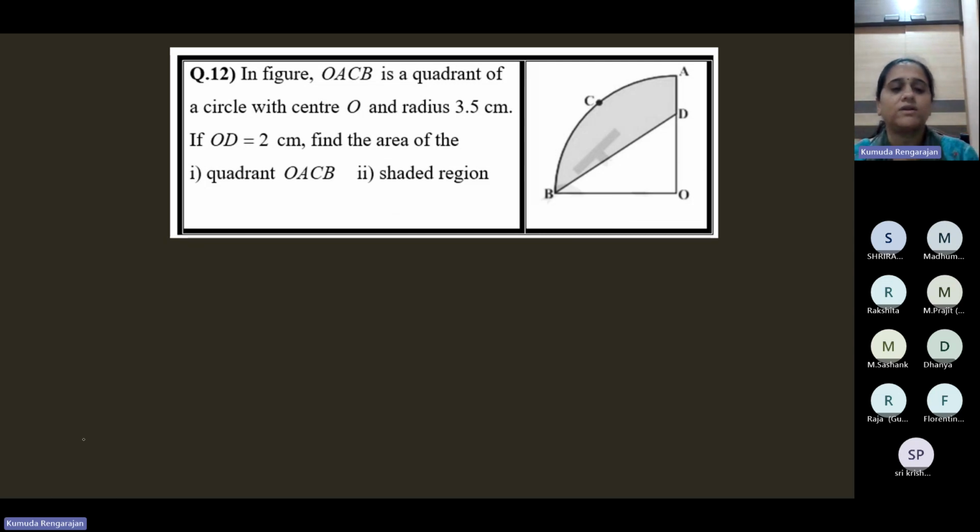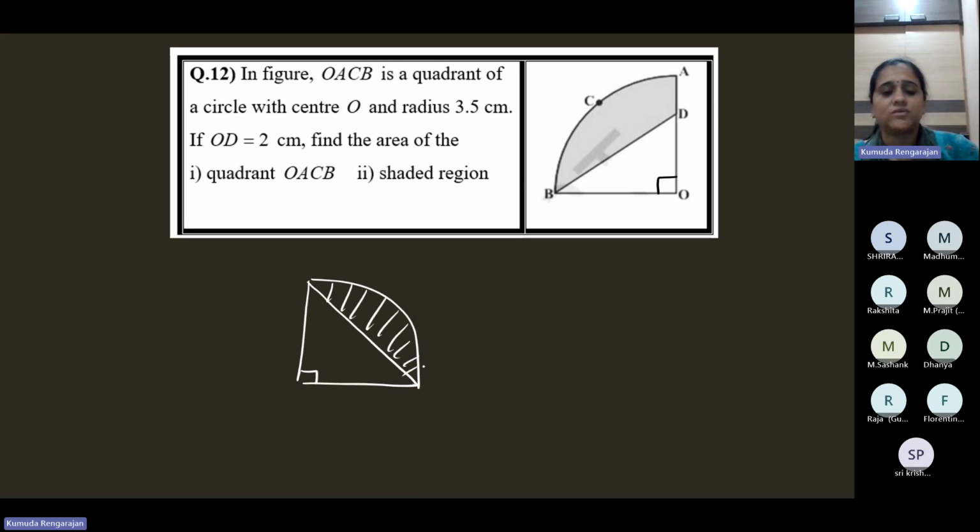How do you find the area of the quadrant? Quadrant is a sector. It's a quarter of a circle, then the angle is 90. See, this one is the segment.